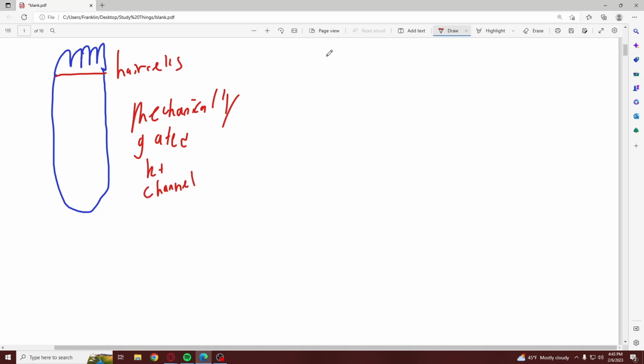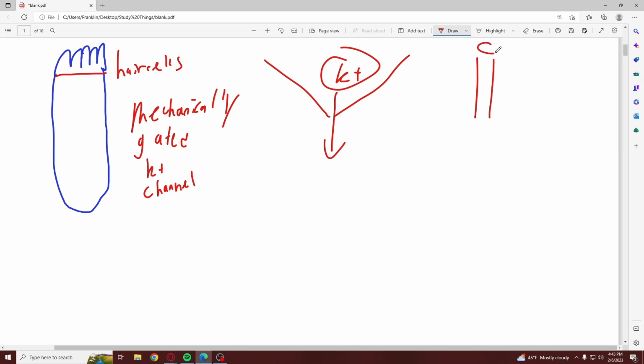Because the hair cells are in a liquid, say for example one hair is going this way, one hair is going to go this way, and so this opening allows K to come in, which is why it's mechanically gated, whereas if it's like this, K cannot come in. So this is what it means to be mechanically gated.